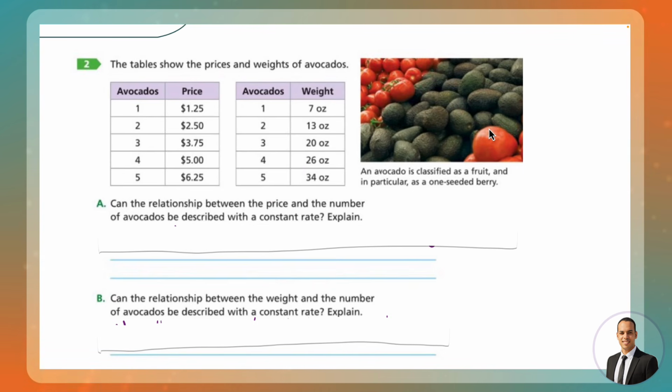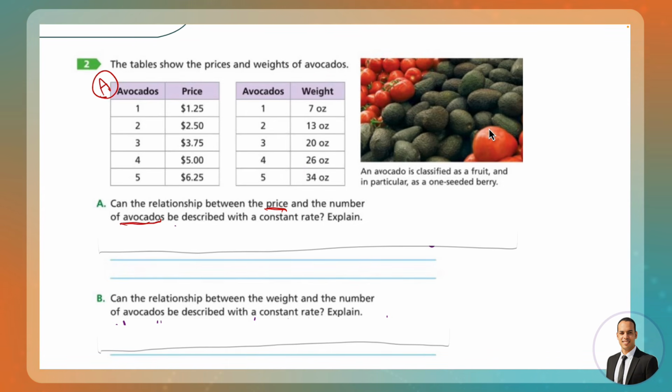Question A says, can the relationship between the price and the number of avocados be described with a constant rate? So he's asking for price and number of avocados. Which one has price and number of avocados? Okay, it's this one. So we can call this for question A.